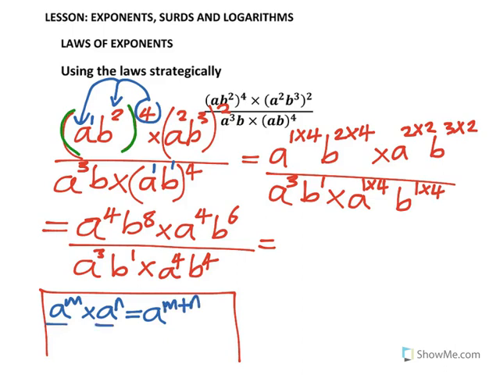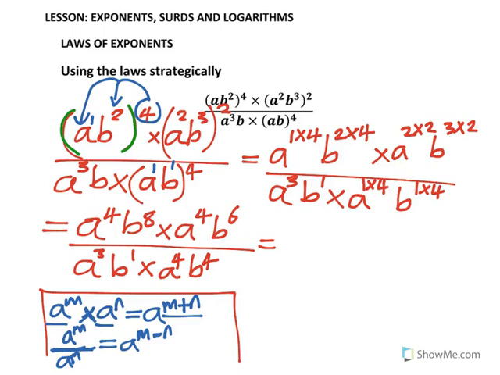When the bases are the same and you are multiplying, you add the exponents. Also, a to the power m divided by a to the power n is equal to a to the power m minus n. Whenever you see a division sign, you subtract. Remember that.